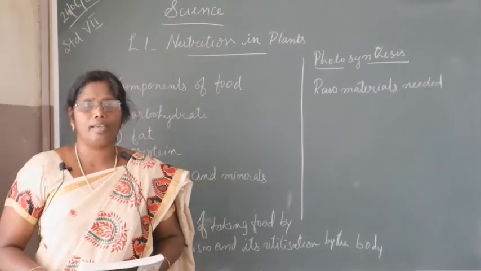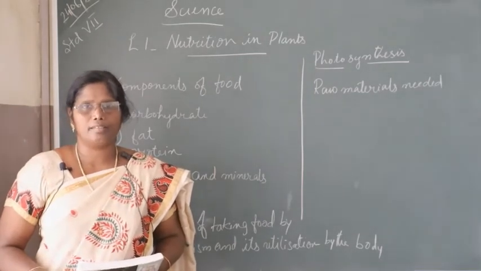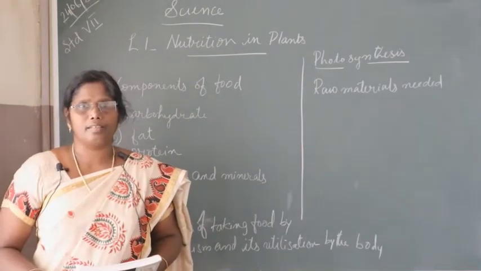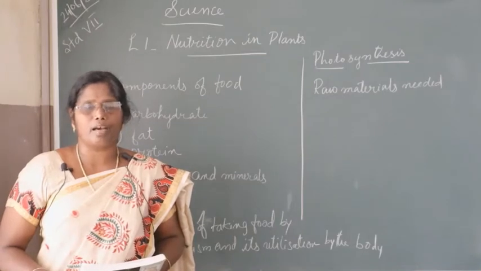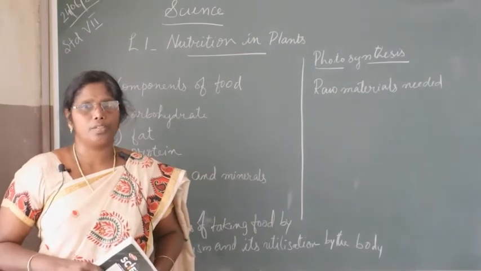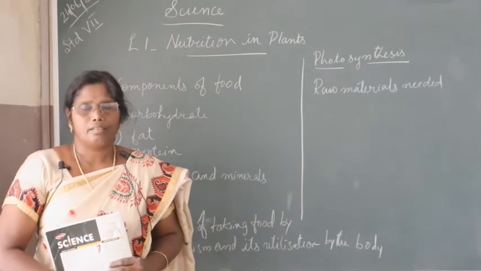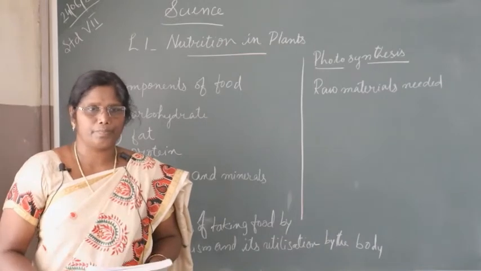Plants are the ones that can prepare food by themselves. The second type, heterotrophic nutrition: the organisms which cannot prepare their food by themselves are called heterotrophs. For example, animals and humans are heterotrophs.